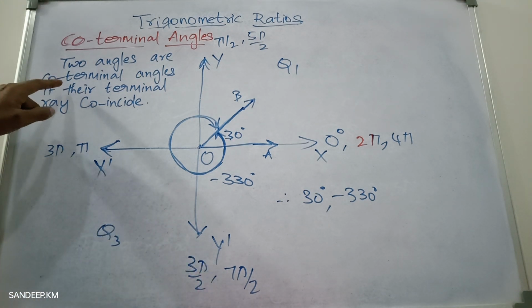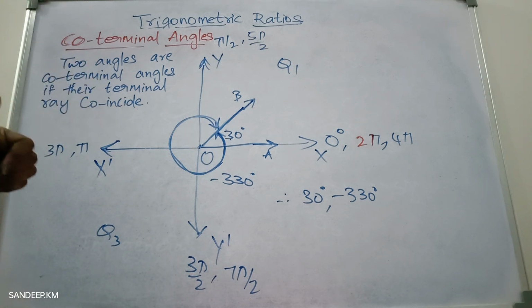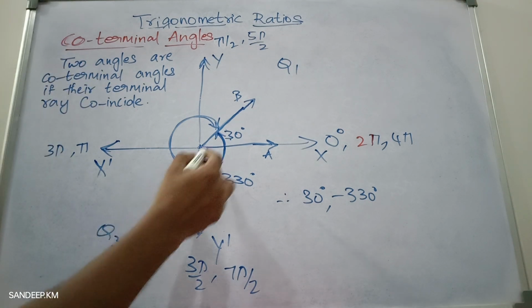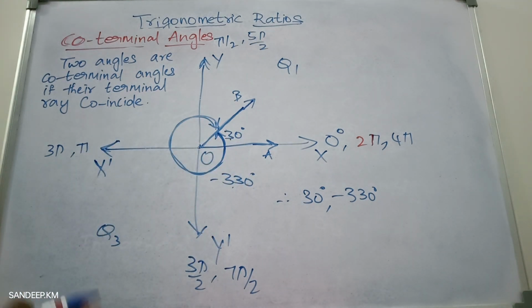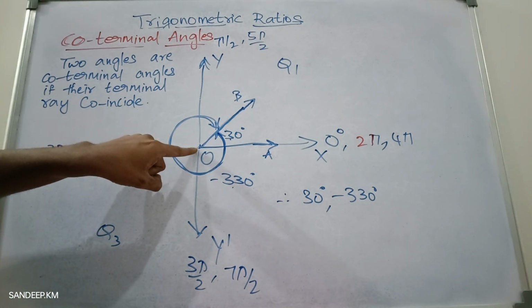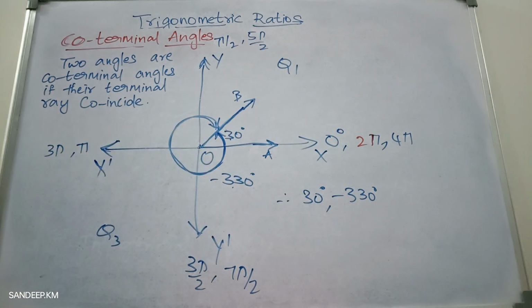Co means same. Coterminal angles means two angles which have the same terminal side, but remember both angles, 30 degrees and minus 330 degrees, must be in standard position. Angles in standard position means, as I told you already, the vertex of the angle coincides with the origin and the initial ray coincides with the positive direction of the x-axis.